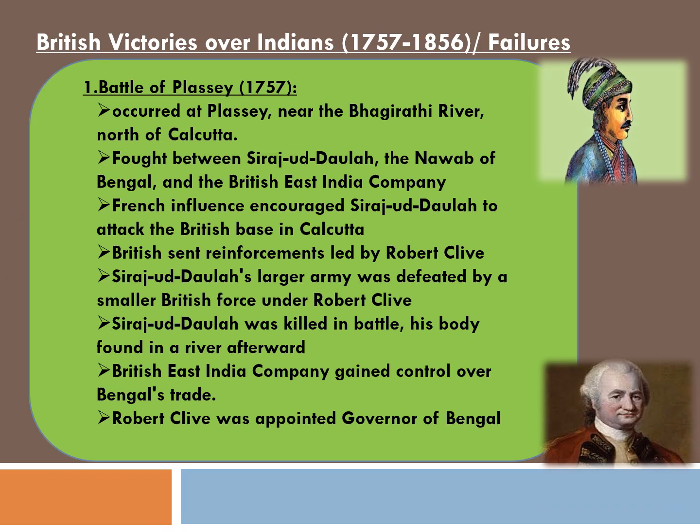First of all, let's start with the Battle of Plassey. It occurred at Plassey near the north of Calcutta, and it was fought between Siraj-ud-Daulah, the Nawab of Bengal, and the British East India Company.